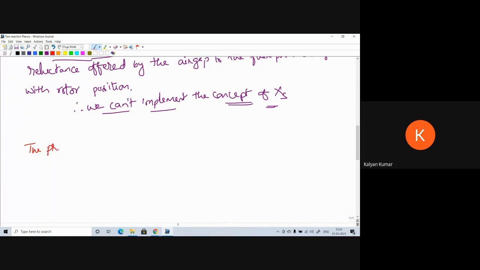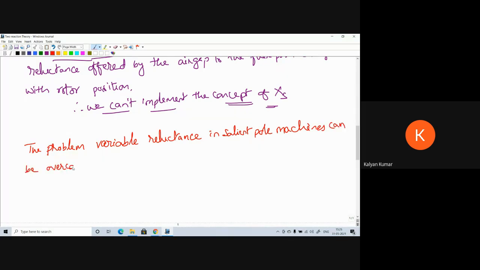So, the problem of variable reluctance in salient pole machines can be overcome by using Blondel's two-reaction theory.